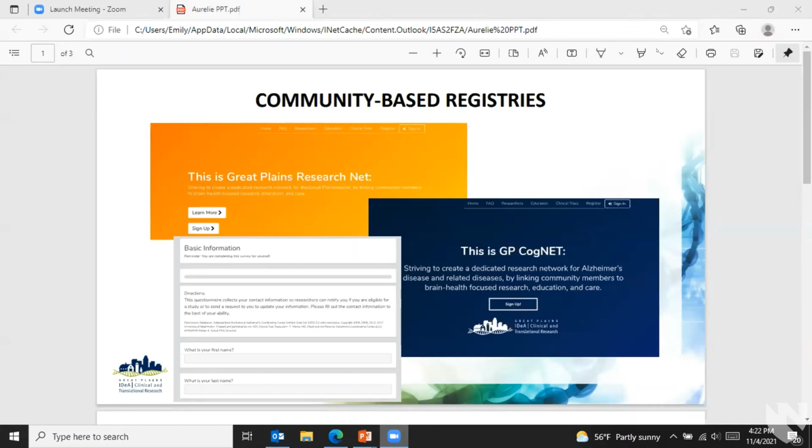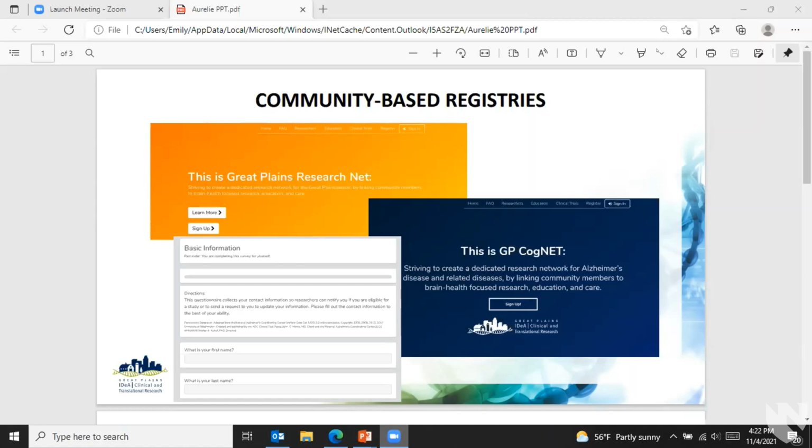The Great Plains IDeA-CTR has set up 2 registries. One of them is called GP CogNet, which stands for our cognitive network, and it recruits individuals who have ranging degrees of cognitive impairment, all the way from normative aging up through Alzheimer's disease.